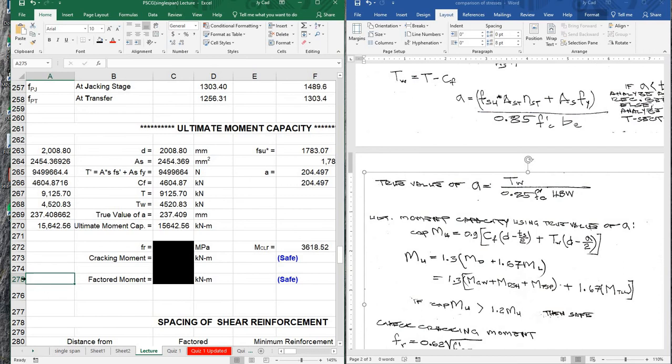And then dito, factored moment, ayan yung MU, equal to 1.3 times the quantity, dalawa, para sa moment due to dead.